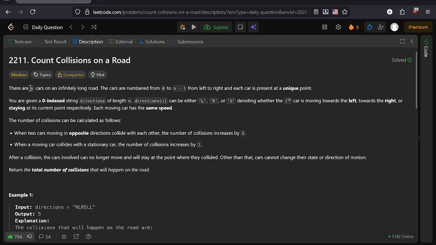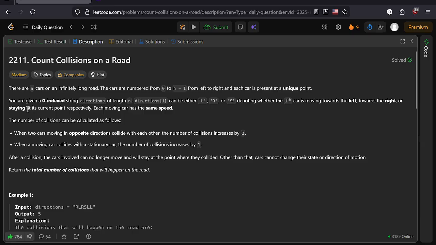The problem is you have n cars on an infinitely long road, numbered 0 to n minus 1, and the direction that they're moving is represented by a string called directions. Each can be left, right, or stationary, and they are moving at the same speed.